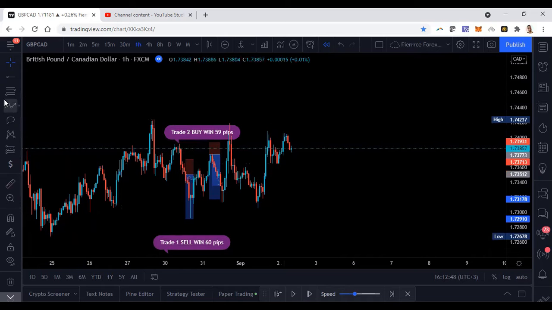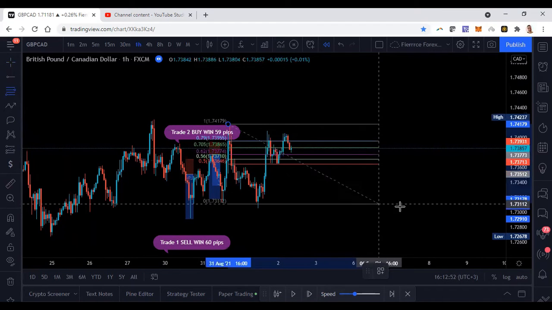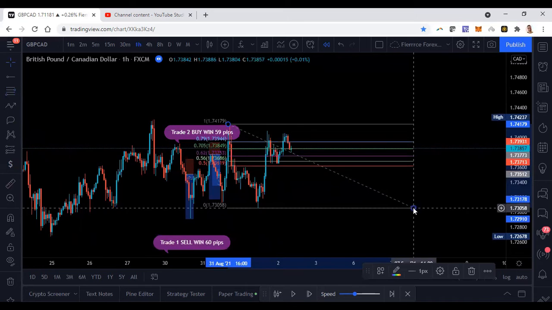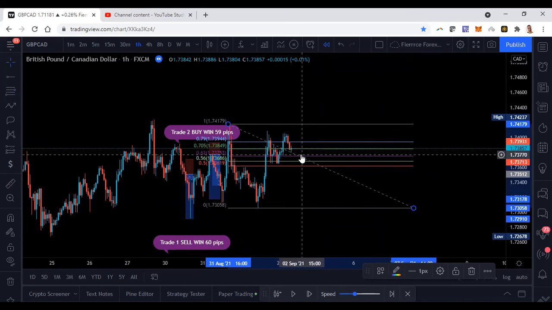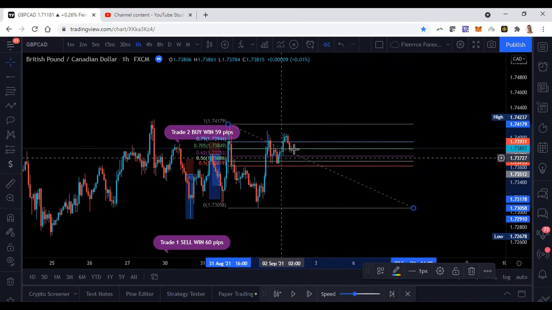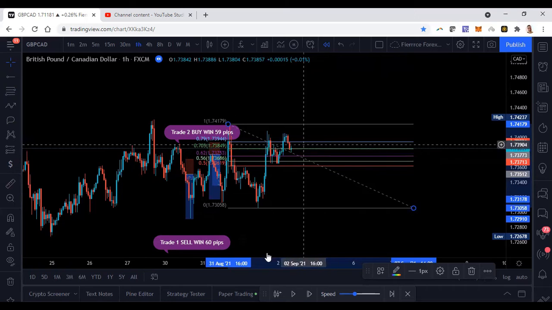I'm technically looking at selling the market, yeah? I'm actually looking at selling the market. So my entry would be somewhere around here. But I want to first wait.